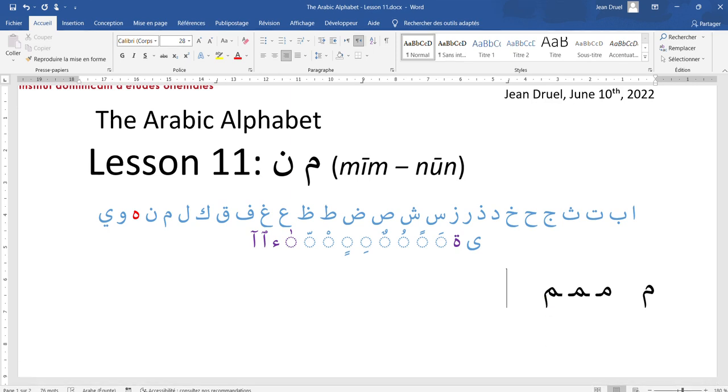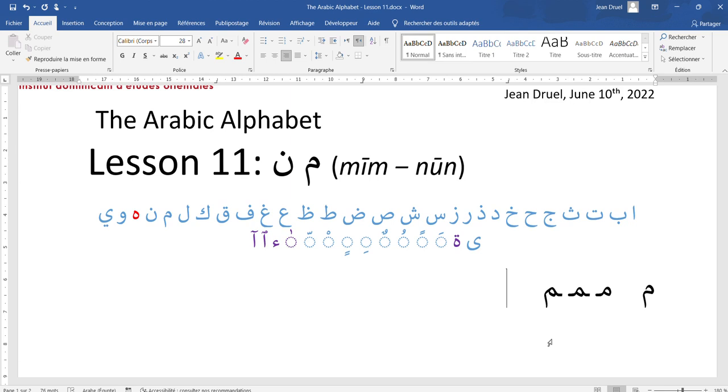The issue is about ligature. Ligature is a phenomenon that's extremely common in Arabic script. Letters change their shape according to the letters they are next to. It's not compulsory, except the lam alif that we studied already. So remember the lam and the alif, and when they connect, they change shape.